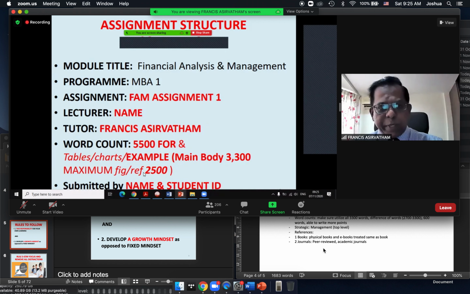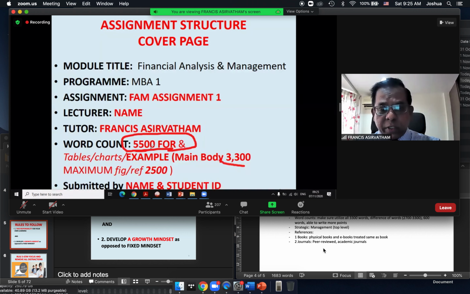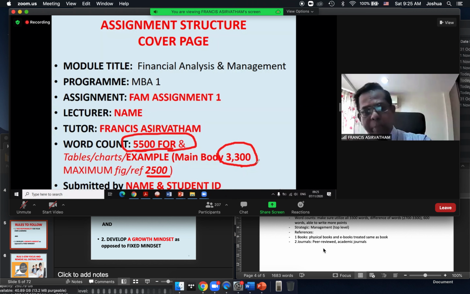The cover page will state the module, name, and the total word count, which you will see at the end of your work. It's about 5,000 words the student is using, but the body of the work is only 3,003. The balance could be referencing, where they have an appendix with various charts and tables.